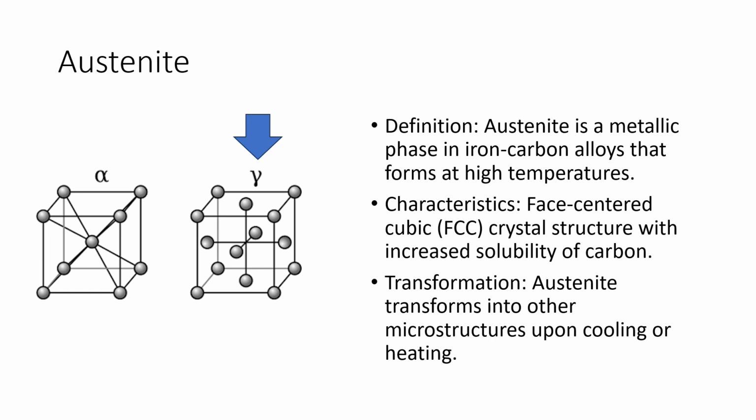So austenite transforms into other microstructure or crystalline structures when we cool it. Austenite will go from face-centered cubic to body-centered cubic when we cool it down. Or if we cool it really quick, it'll go to body-centered tetragonal, which is martensite. And a lot of this is dependent on how much carbon we also have in the material as we cool it.